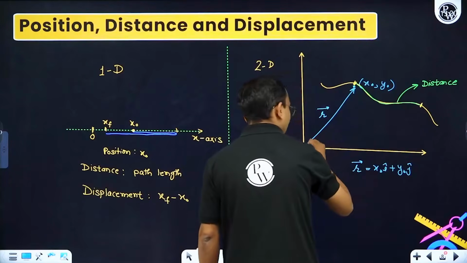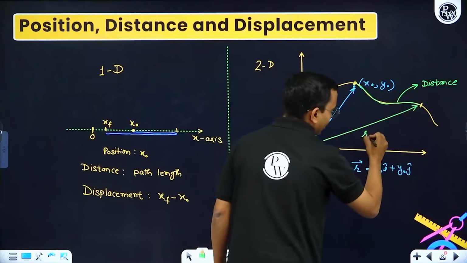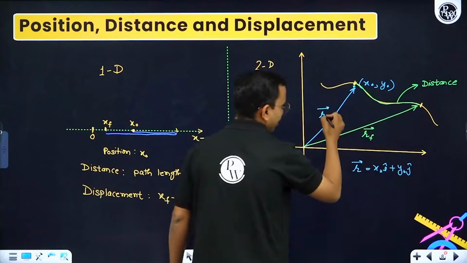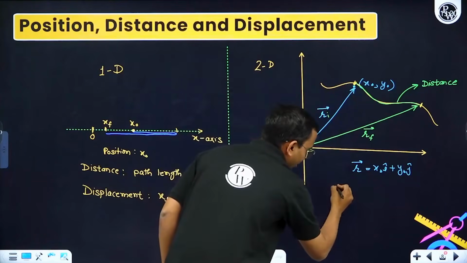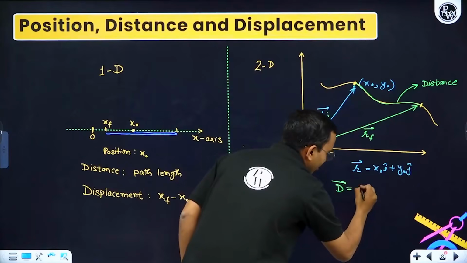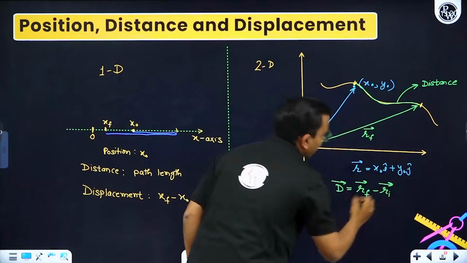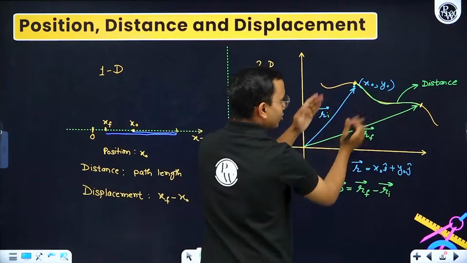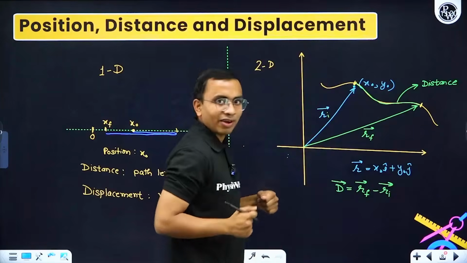you will say this is the initial position vector, this is my final position vector. Let us take this as our final and this is our initial. If I ask you what is the displacement, you will say the displacement is just the change in position. Final minus initial. This minus this, how much is that vector?